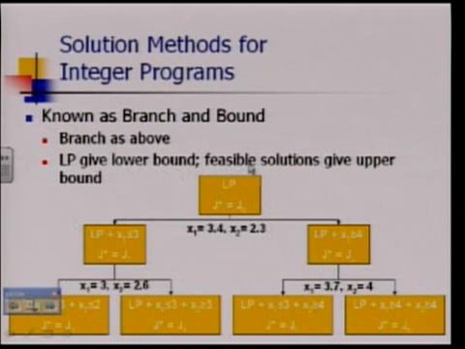And then the feasible solution will give you the upper bound. And then if you have the lower bound and the upper bound, then what? You only branch whenever there's room within this bound, right? If there's no room within this bound, then you don't need to do any branch, right? Meaning that your solution is already optimal with the integer constraint.